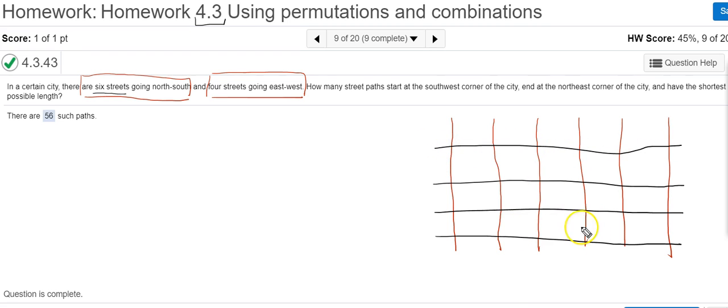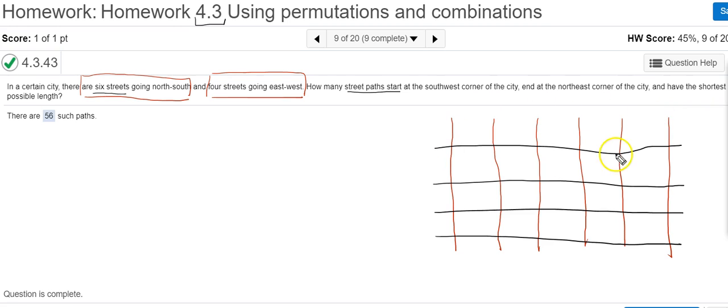1, 2, 3, 4. Now, how many street paths start at the southwest corner here and go to the northeast corner up there? So it's thinking, how many different paths do you have?